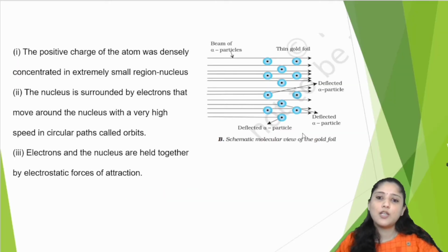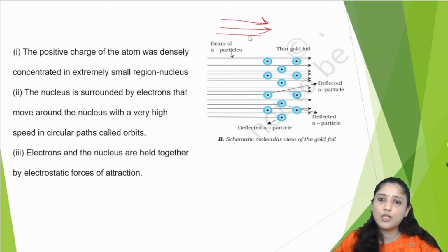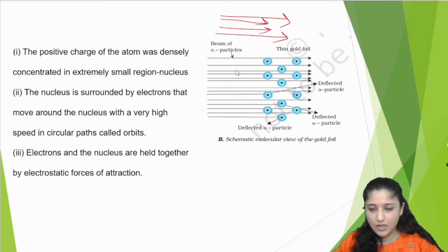Let us look at his conclusions. He found that most of the alpha particles pass through the gold foil. The blue colored ones are the atoms of gold. Most of them pass through without getting deflected. Some of them deflected at small angles, and some of them bounced back.